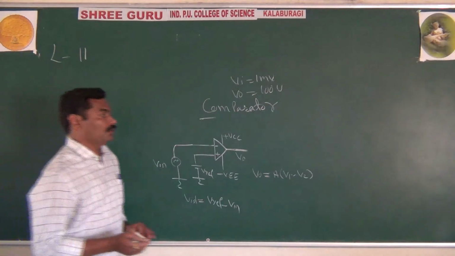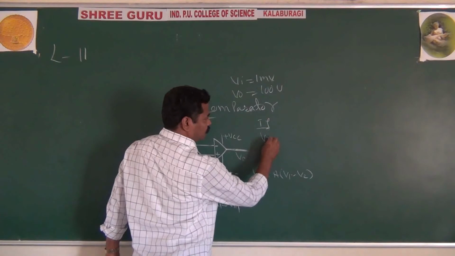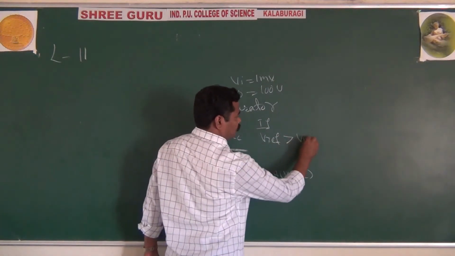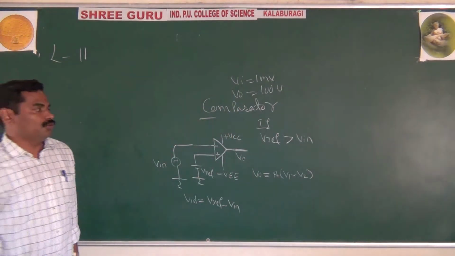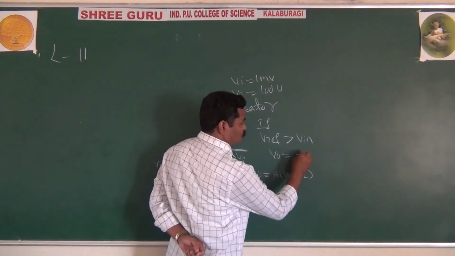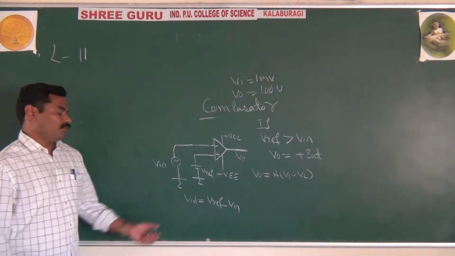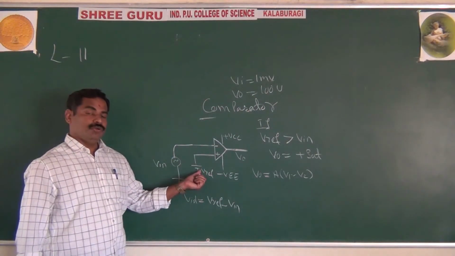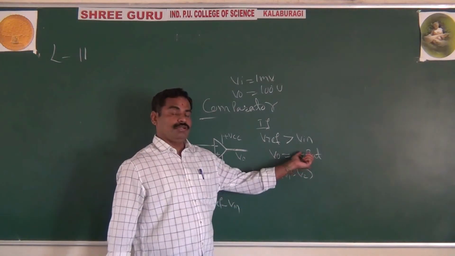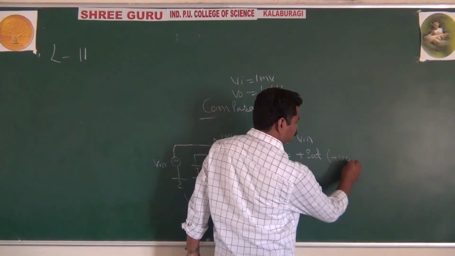In your comparator, if the reference voltage is more than Vin, then what will we get as output? We will get the positive saturation. The condition is that if the reference voltage is more than Vin, at that time we get the output voltage at positive saturation, or positive VCC.